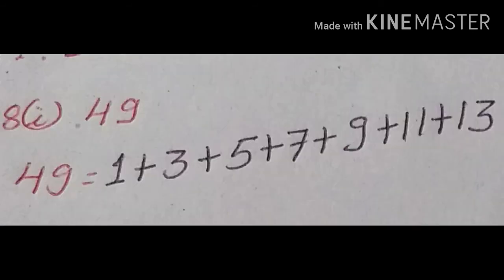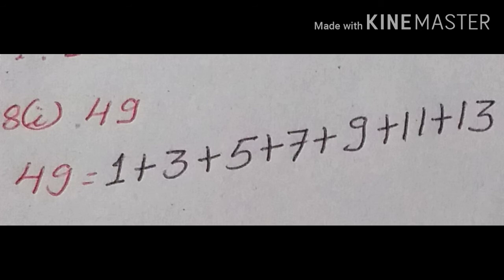That you are asked to find. That means 7 odd numbers भने 7 वटा consecutive के जोड्नु पर्यो? Odd numbers, isn't it? So look at here. We have 49. 49 is equal to कतिवटा जोड्नु पर्यो हामीले? 7 वटा. That means 1 plus 3 plus 5 plus 7 plus 9 plus 11 plus 13.